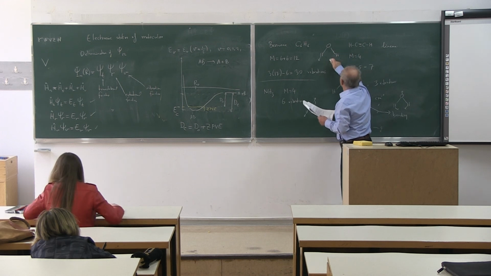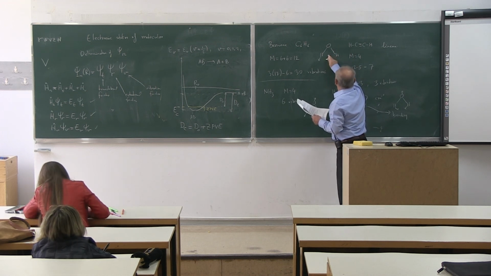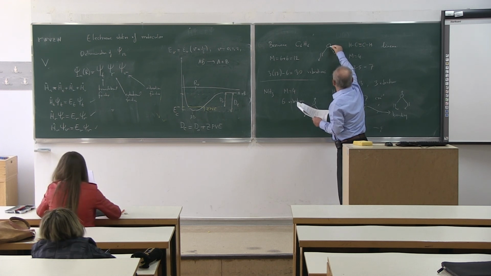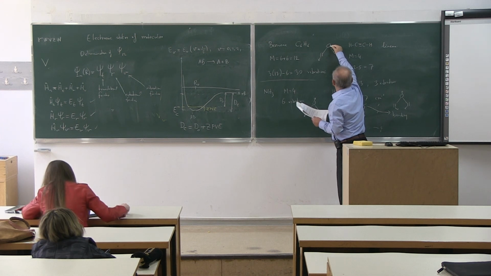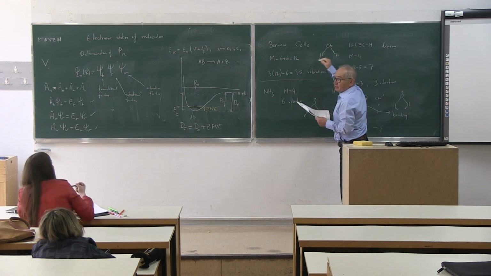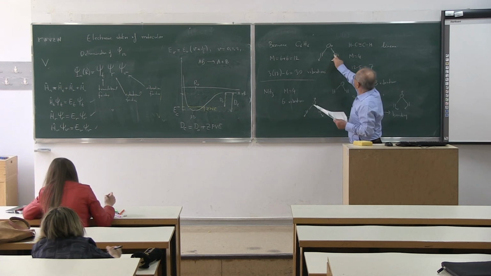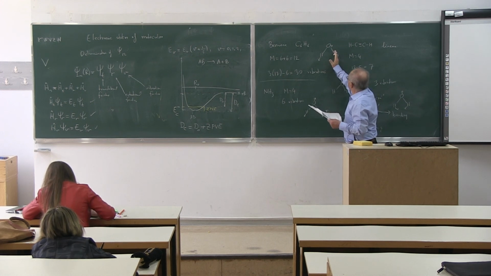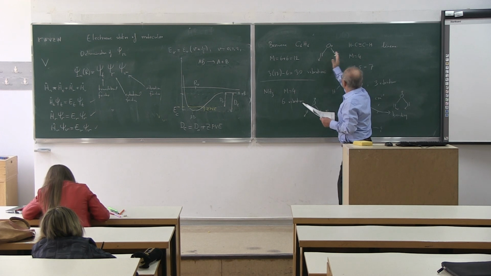Now, to keep the center of mass fixed, the oxygen should move a little bit this way, because the arrows indicate motion to the left.